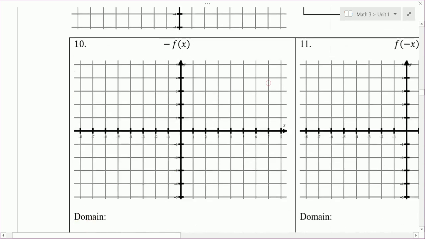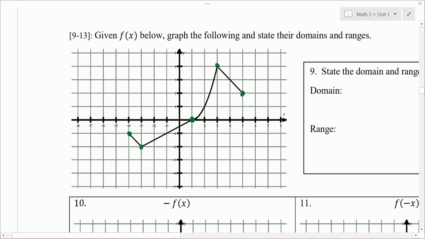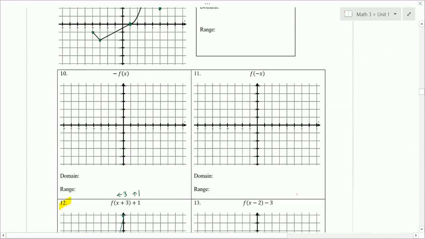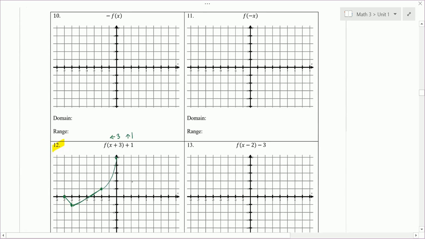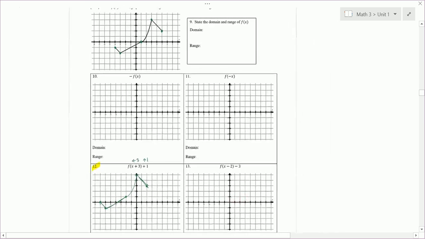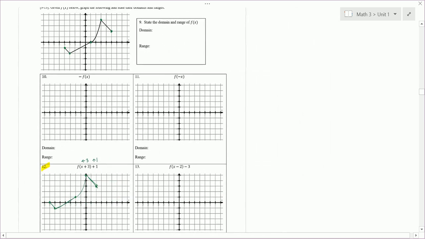And then our last point is at 5, 2. I'm going to go left 3 up 1. So 2, 3. And if you look at both of them, you can see they're the same shape, just the first one, the original, has been shifted left 3 up 1.